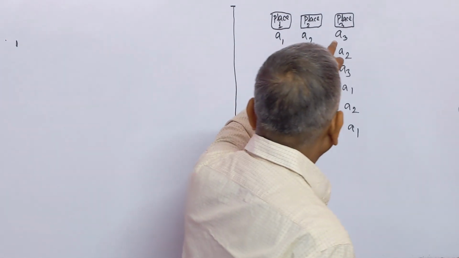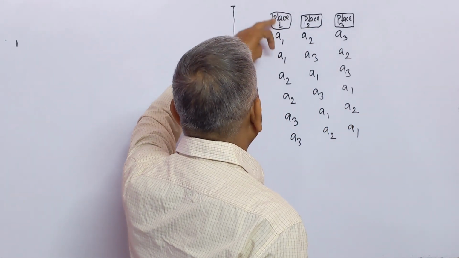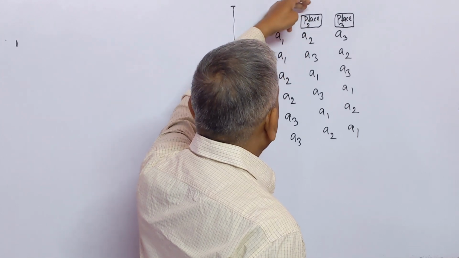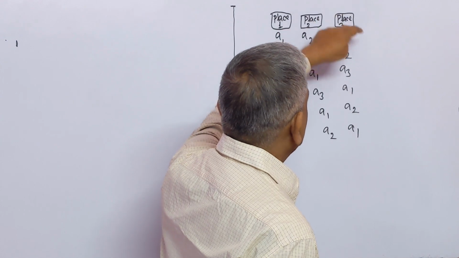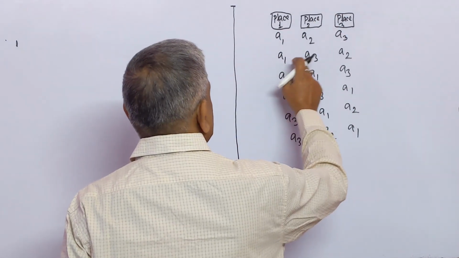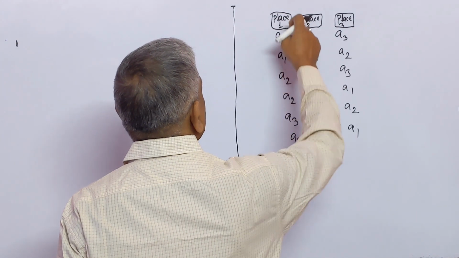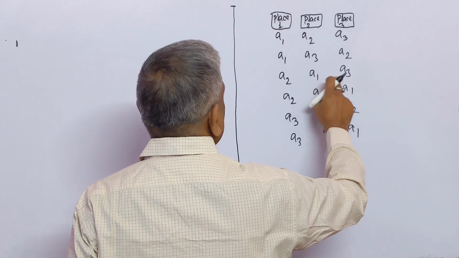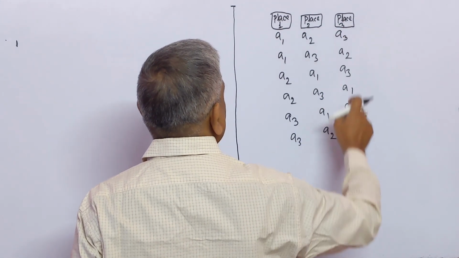In the first permutation, A1 is in its original place, place 1, A2 is in its original place, place 2, and A3 is in its original place, place 3. In the second permutation, A1 is in its original place. In the third permutation, A3 is in its original place.